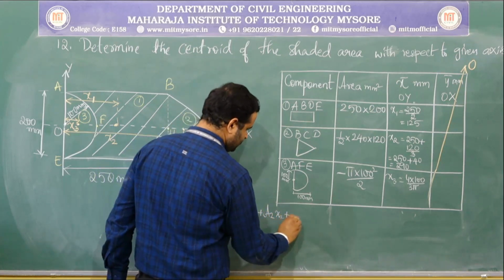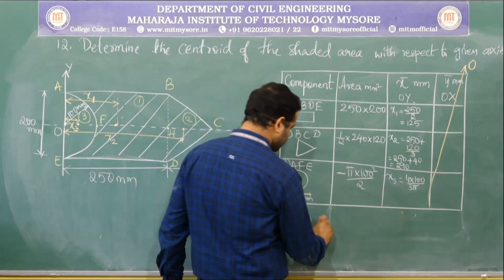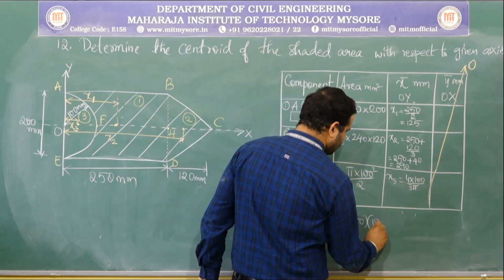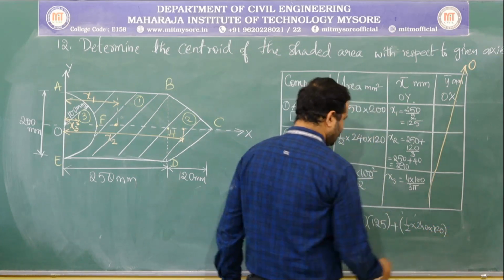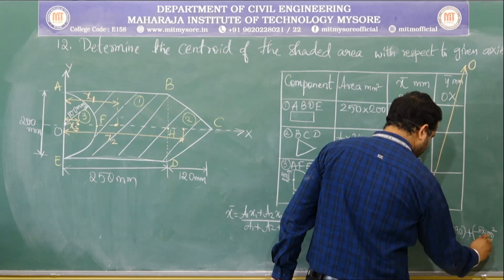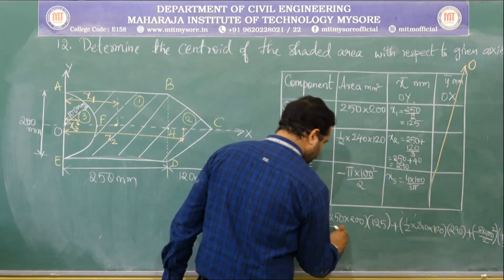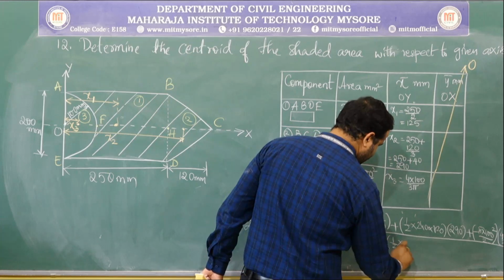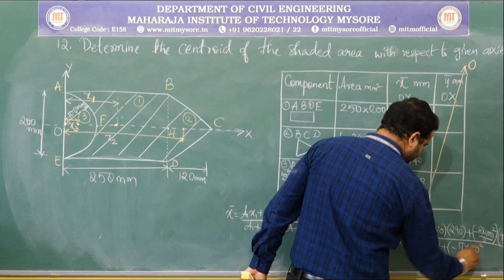A1 x1 plus A2 x2 plus A3 x3 whole divided by A1 plus A2 plus A3, which is equal to A1 is 250 into 200 into x1 is 125 plus A2 is half into 240 into 120 into x2 is 290 plus minus pi into 100 square by 2 into 4r by 3 pi, 4 into 100 by 3 pi, whole divided by 250 into 200 plus half into 240 into 120 plus minus of pi into 100 square by 2.